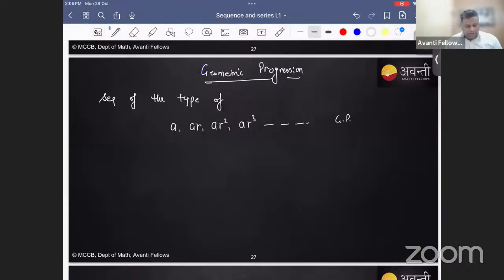For example, 1, 2, 2 square, 2 cube, 2 to the power 4 and so on is a GP. Am I correct?